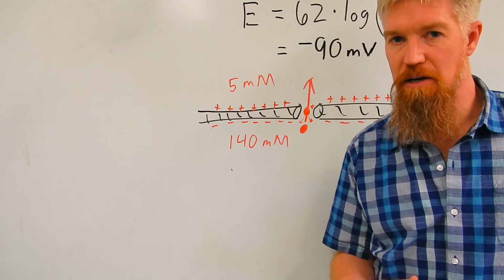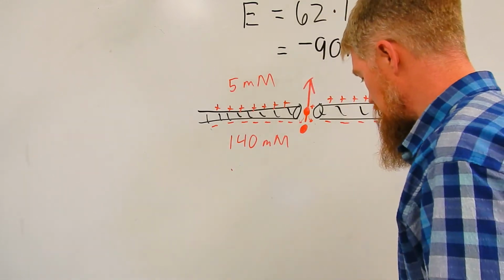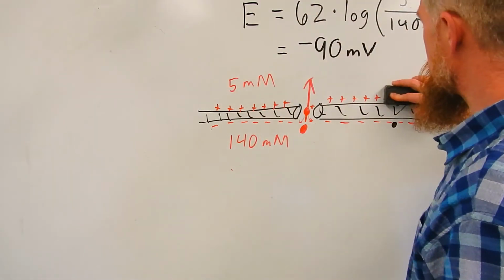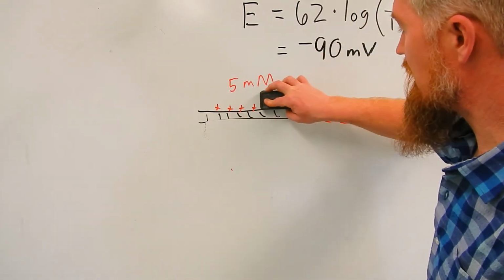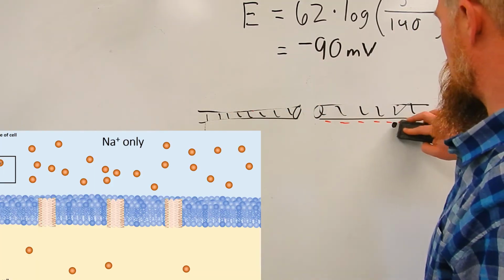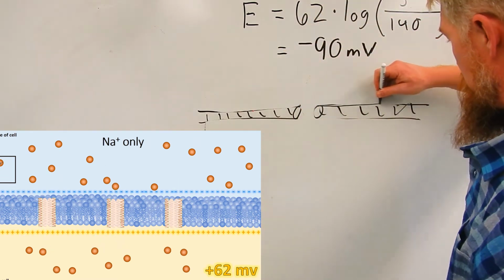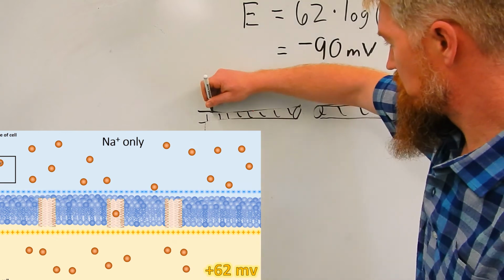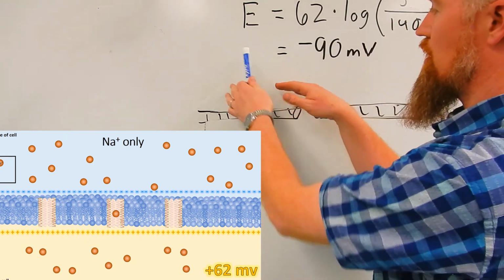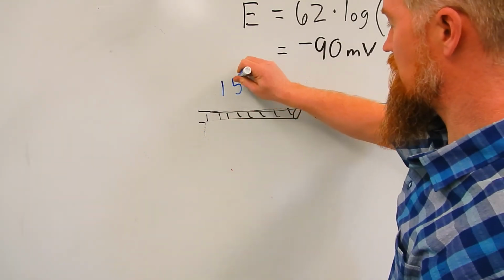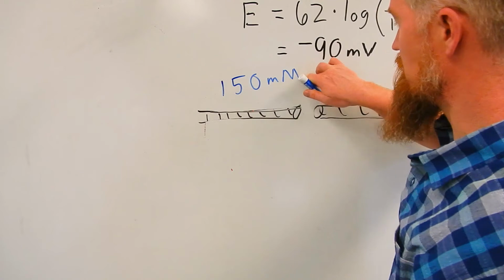Great. So what about for sodium? Well, for sodium, you'd see the opposite case. Because for sodium, we have a high concentration of ions on the outside of the membrane. We have a high concentration of sodium on the outside, about 150 millimoles.